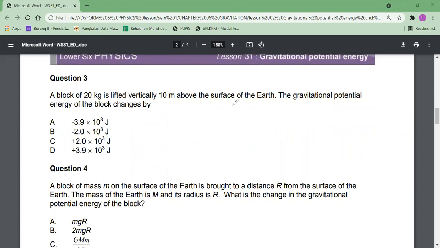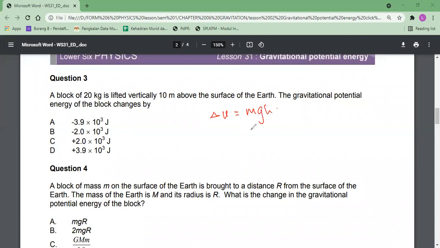The gravitational potential energy of the block changed by how many joules? The change of gravitational potential energy will be equal to mgh.